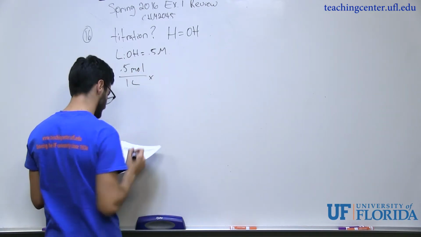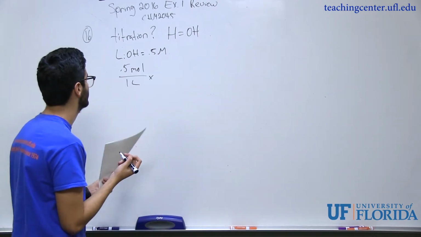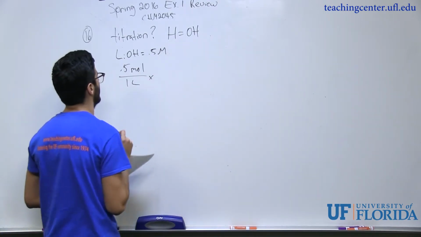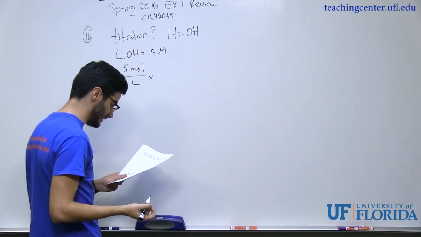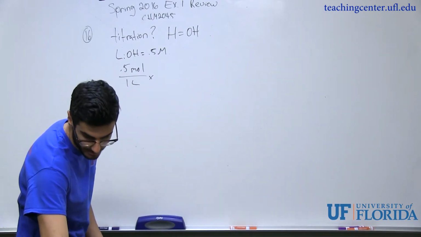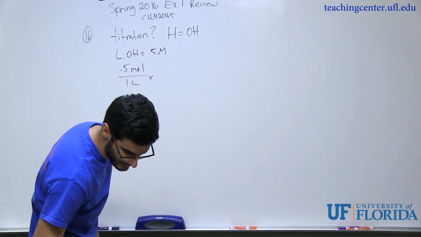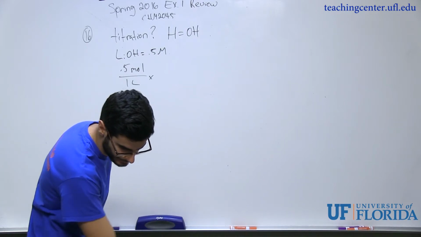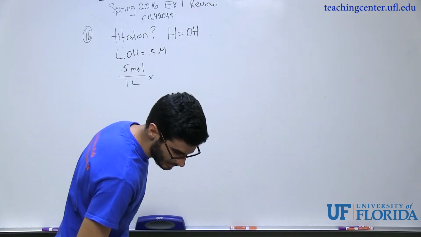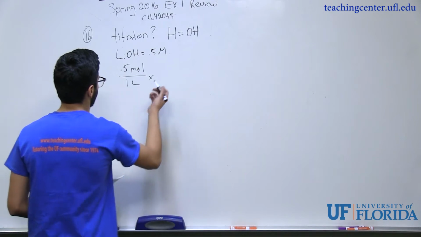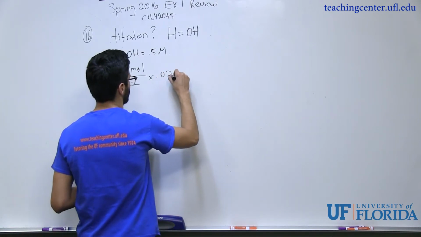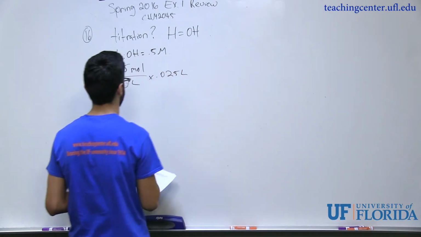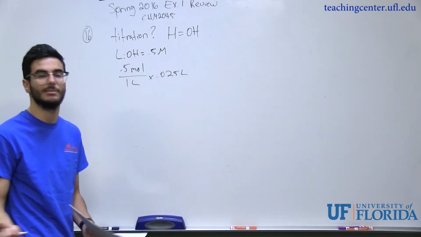And it takes me 25 milliliters to titrate, which is the point where my H is equal to my OH. So 25 milliliters, if we divide that by 1,000, I should get 0.025 liters. Because remember, we need to be in liters. We can't multiply molarity times milliliters.